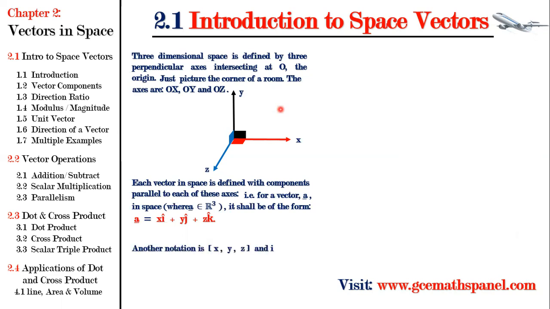So another notation for a vector in space can be written like this, with these brackets, x, y, z, as you can see. And in column form as well, it can be written in column matrix form. So each of these three notations can be used to describe a vector.